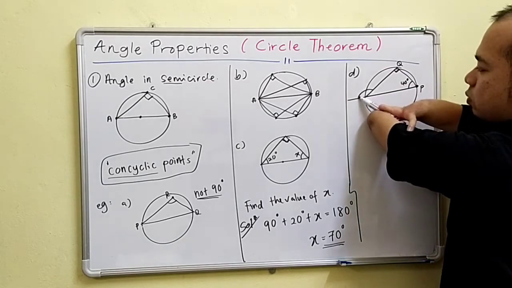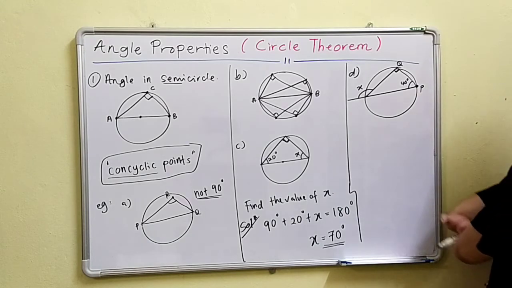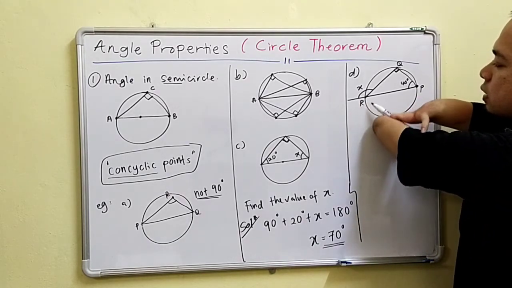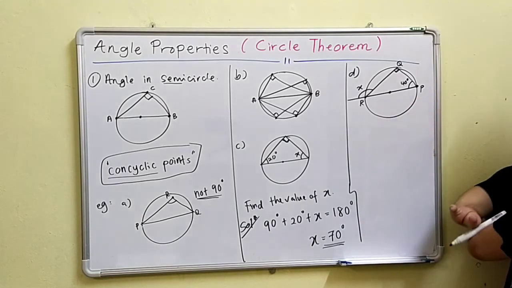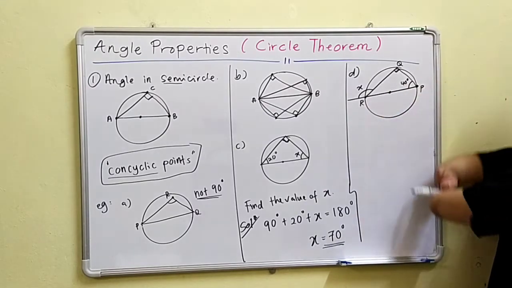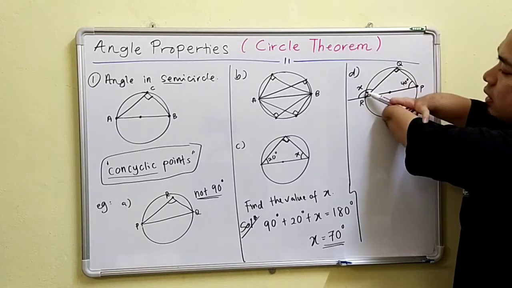X is somewhere outside here. This is x. This is point R, PQR. This is the center of the circle. Given that PQR is a right angle triangle, how do we find the value of the unknown x?